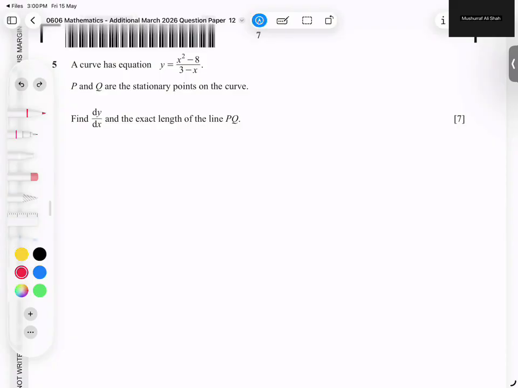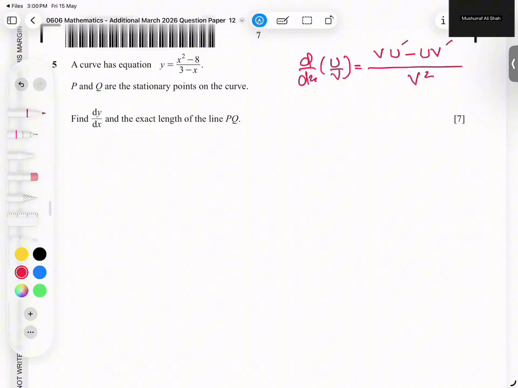Step number 1, quotient formula. You know very well, students, when two functions divide, we take the square of v in the denominator, which I copy as it is, into the derivative of u, minus u copied into the derivative of v.